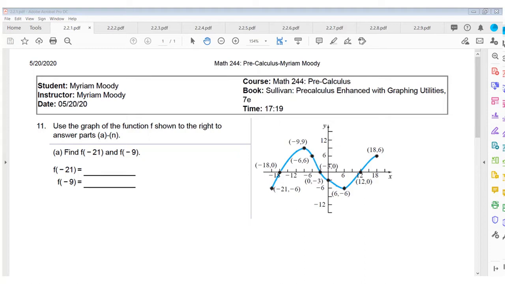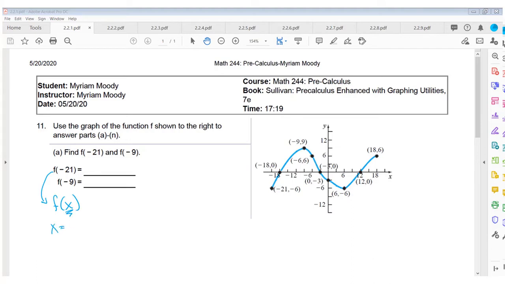So let's look at the first question. They would like you to find f of negative 21. Well, we need to remember what f of negative 21 means. This negative 21 is in the place of the x, isn't it?